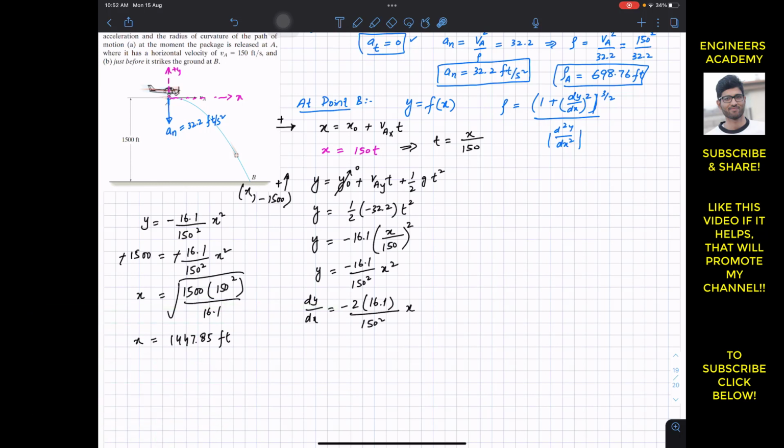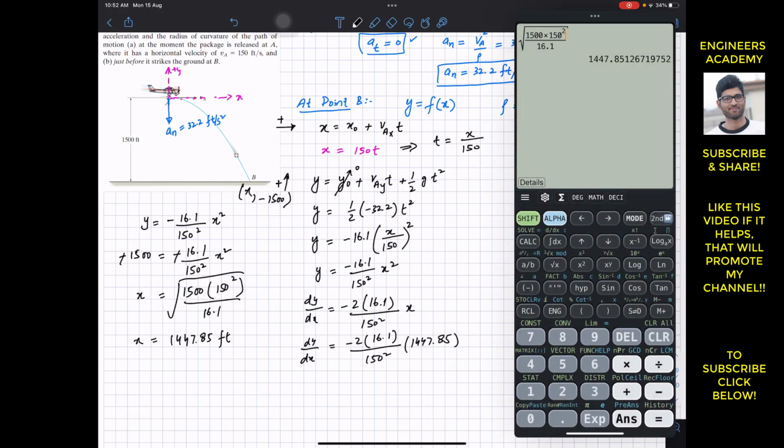Now we can find dy by dx value at x equals to this. So now we can substitute this x value in this equation, so that will give us dy by dx. So dy by dx is equal to minus 2 into 16.1 divided by 150 square into 1447.85.